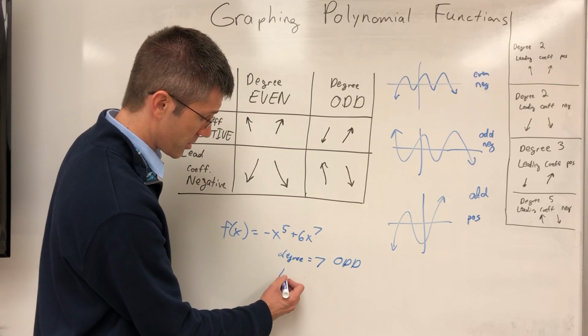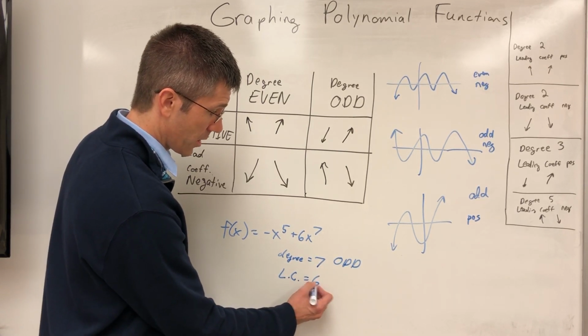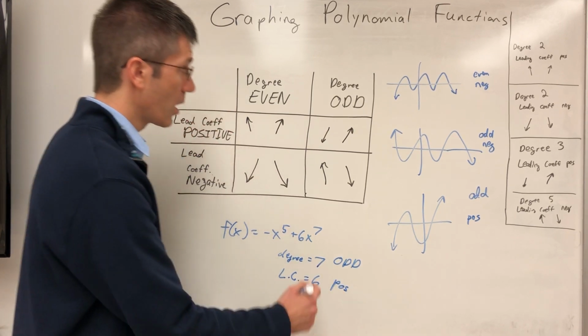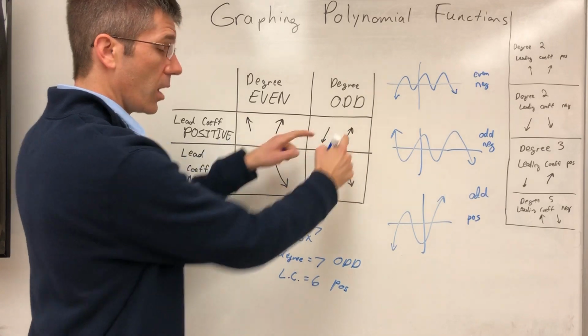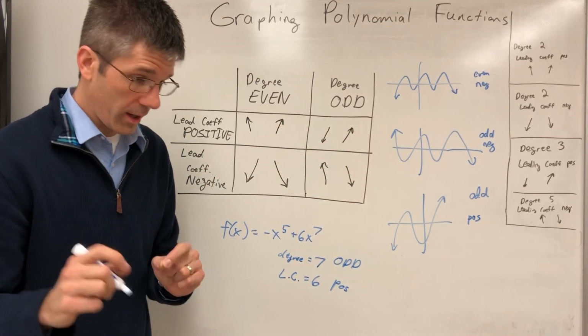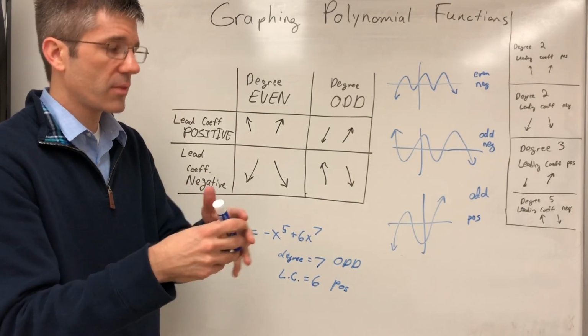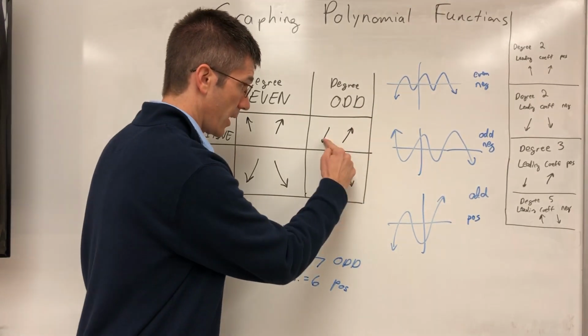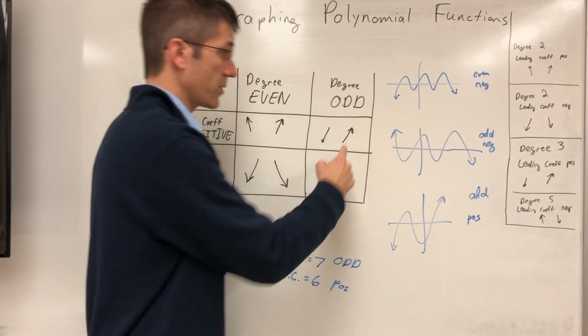The leading coefficient, LC, is 6, which is positive. Odd, positive, it's going to be down, up. And in some methods, you'll have to say, as x approaches negative infinity, y approaches negative infinity. As x approaches positive infinity, y approaches positive infinity.